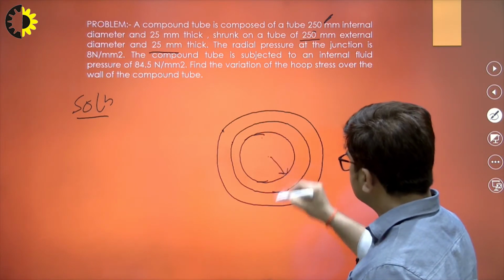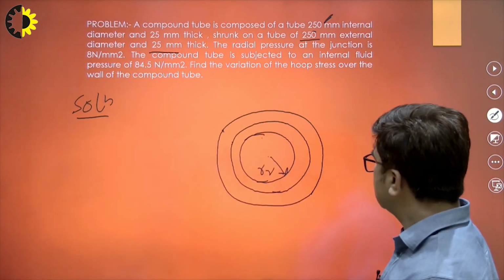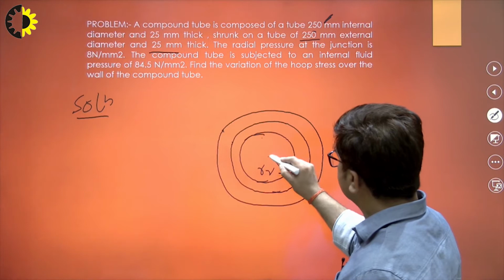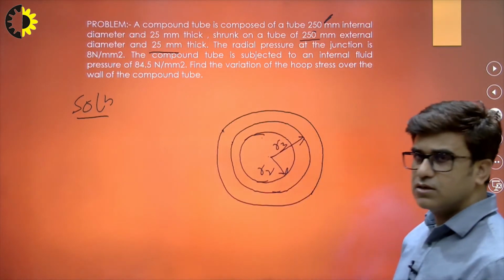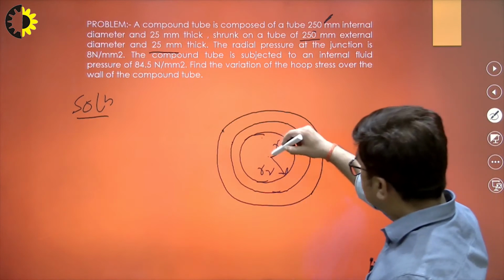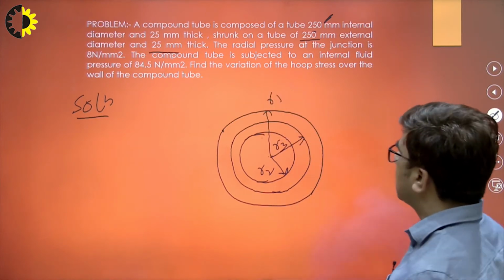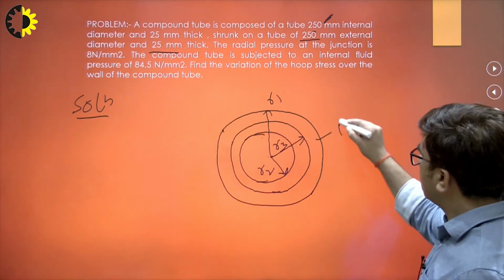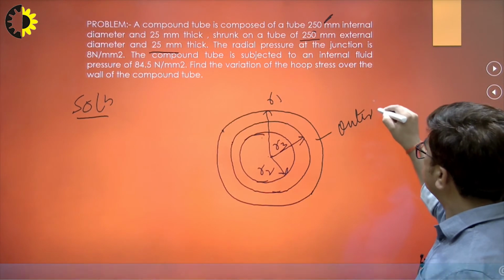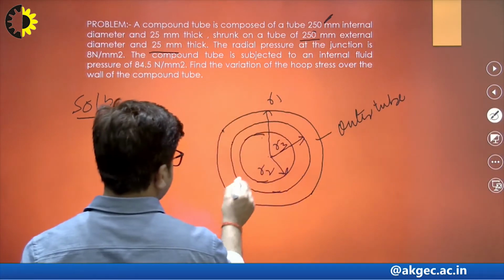So this is R2, the inner radius, this is R3, the junction radius, and this is R1, the outer radius of the outer tube. So this is the outer tube, this is the inner tube.